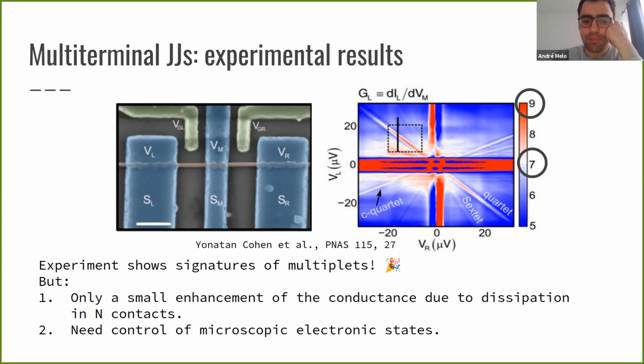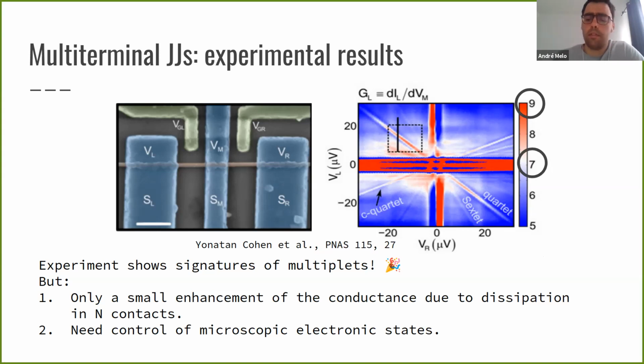And this is due, we think, to high dissipation in the normal regions of the device. Secondly, the constraints that I talked about, of needing to have tight control over the microscopics of the device, over the electronic states of the device, still apply. So it's non-trivial to engineer this type of device. It requires precise control.